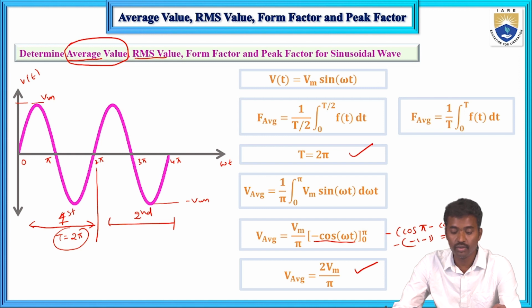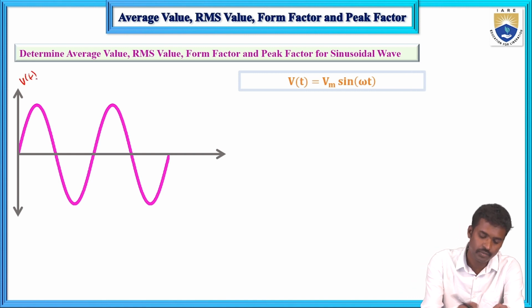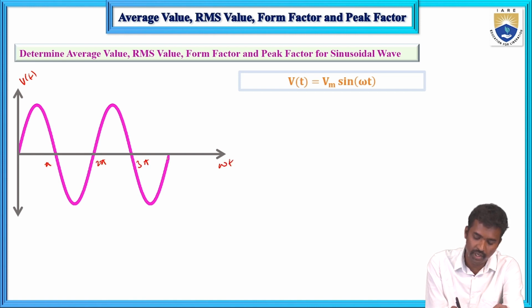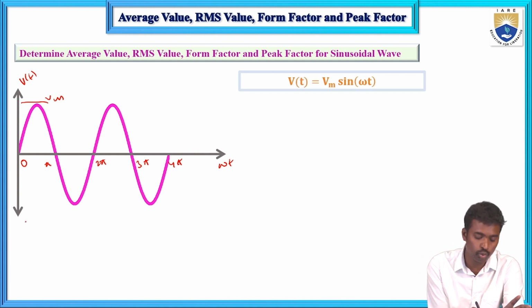Next, the RMS value. RMS means root mean square. For this case, for both symmetrical and asymmetrical waveforms, consider the full cycle. The same v equals Vm sin omega t, with omega t at 0, pi, 2 pi, 3 pi, 4 pi and peak Vm. Here consider up to 2 pi.